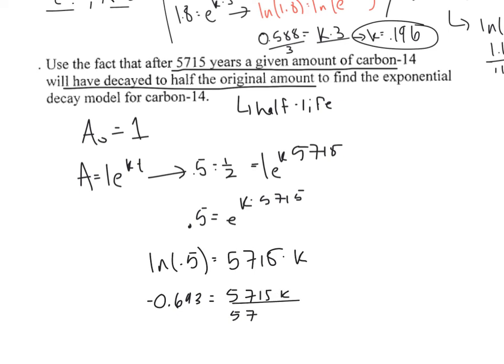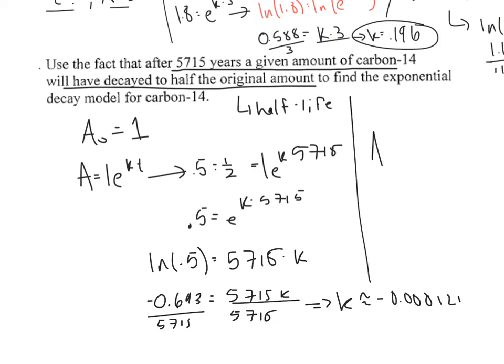Divide by 5,715, we get k is equal to a very small number, approximately negative 0.000121, meaning our equation A is equal to A naught times e to the negative 0.000121 times t.